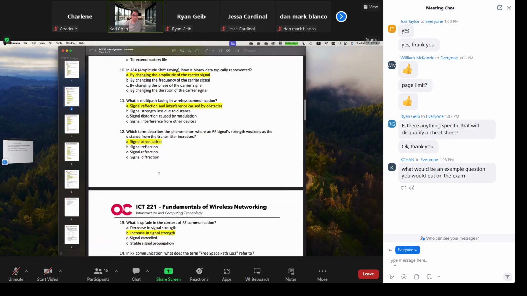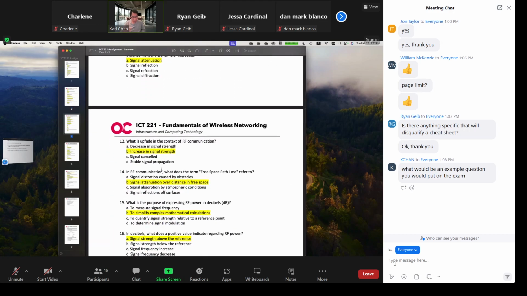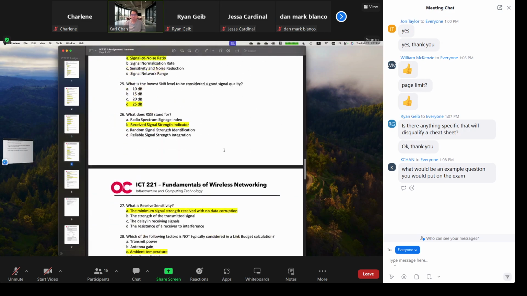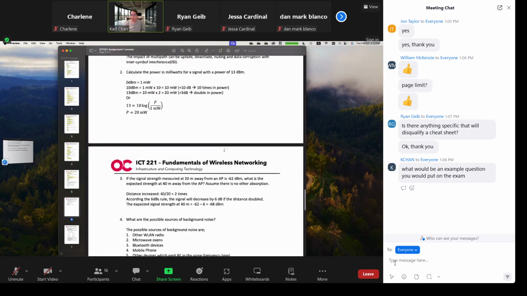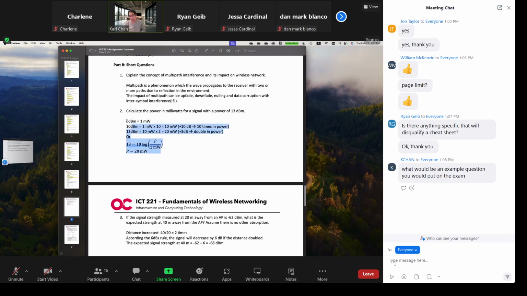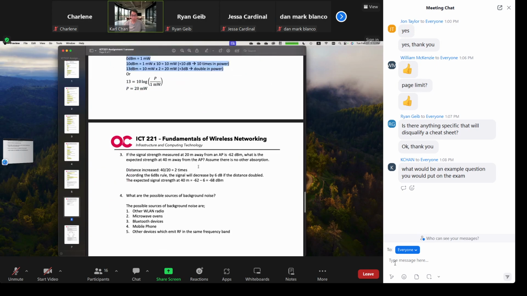So summarize the concepts on the cheat sheet, and for calculations like converting milliwatts to signal power, you better calculate it again by yourself while you're preparing for the midterm, okay?